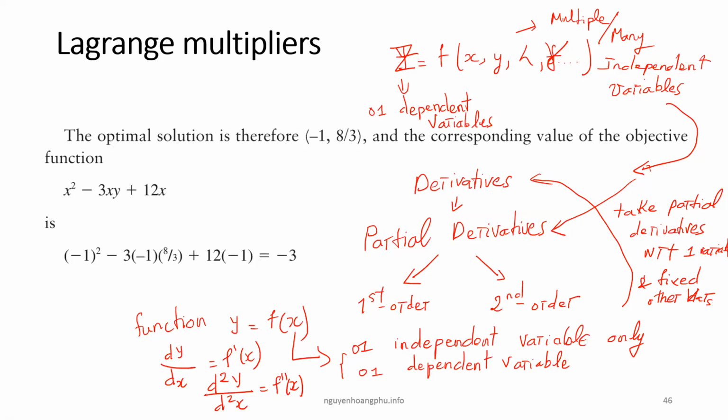Right? So for partial derivatives, first we will have dz by dx.